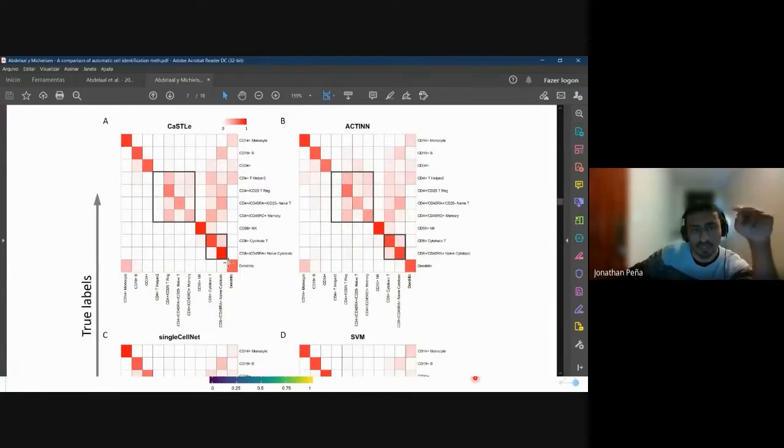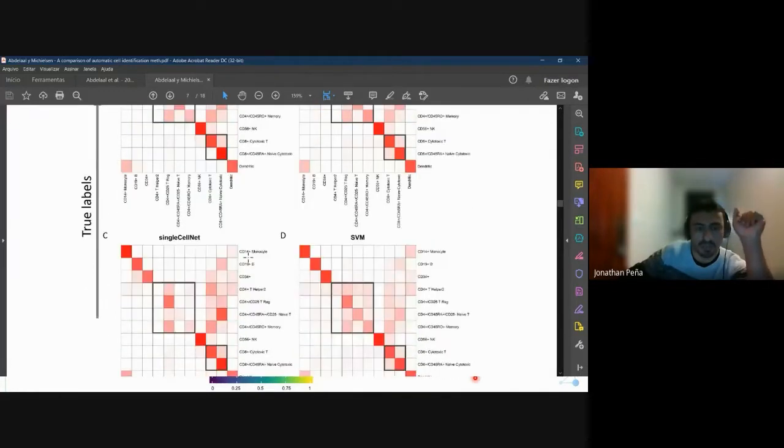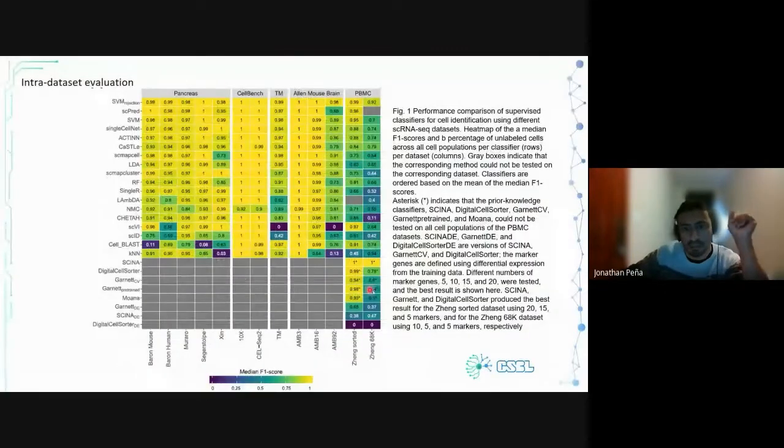O performance do classificador é bom quando você quer, por exemplo, identificar CD4, mas você não sabe se esse CD4 é naive, se é regulador, se é memória. Aí não tem problema, mas quando você quer aprofundar sobre esse subtipo, aí o performance cai. Que é aqui. Beleza.